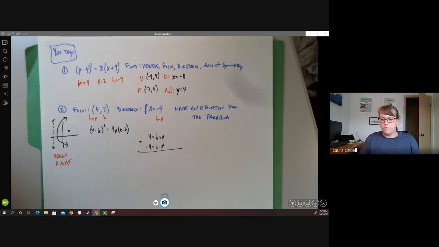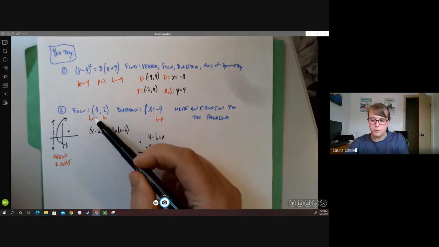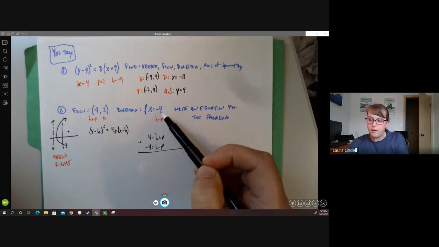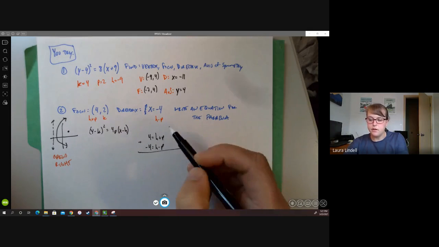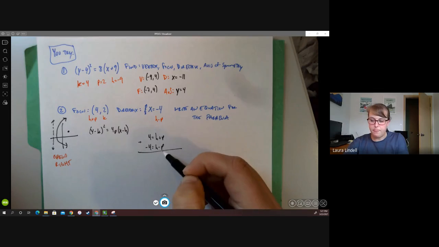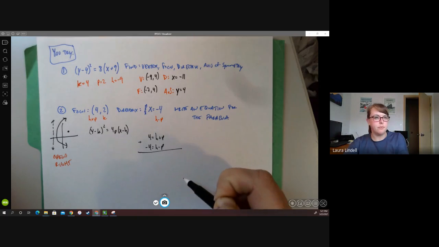On the second one, if you set up your two equations, you should have 4 equals H plus P and negative 4 equals H minus P. So setting those both up and then adding the equations together would be a good next step.